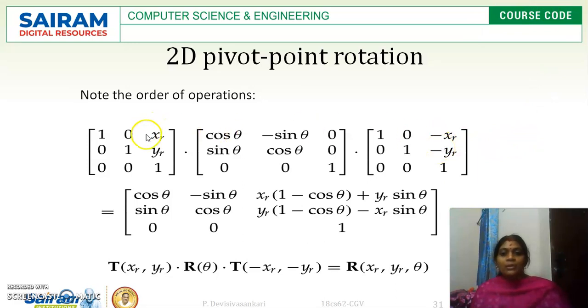If we multiply these, the resultant gives cos theta, minus sin theta, xr of 1 minus cos theta plus yr sin theta, right? So finally the order of operation will be T of xr yr, R with theta, and T of the inverse transformation, which is equivalent to the rotation of xr yr with respect to this theta value, right?